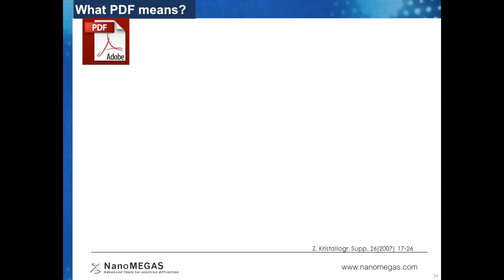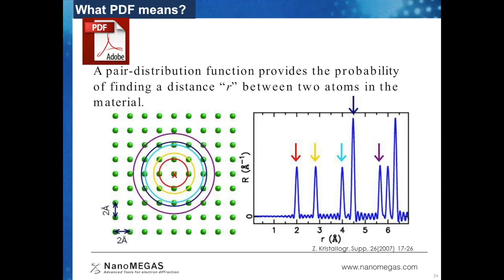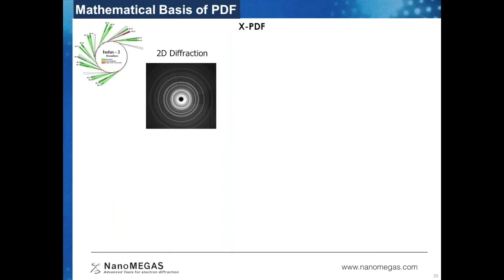The technique does not require periodicity, so it is well suited for studying nanoscale features in a variety of materials. The pair distribution function gives the probability of finding an atom at a distance r from a given atom. In the plot on the right, the x-axis is the interatomic distance and the y-axis is the probability.